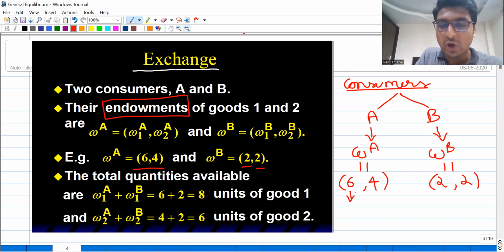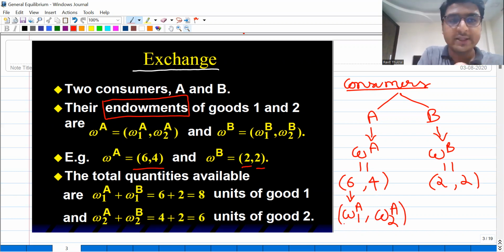So this is what we call omega 1A. This is the amount of good 1 that individual A has. And similarly, this is omega 2A. It is the amount of good 2 that individual A has.